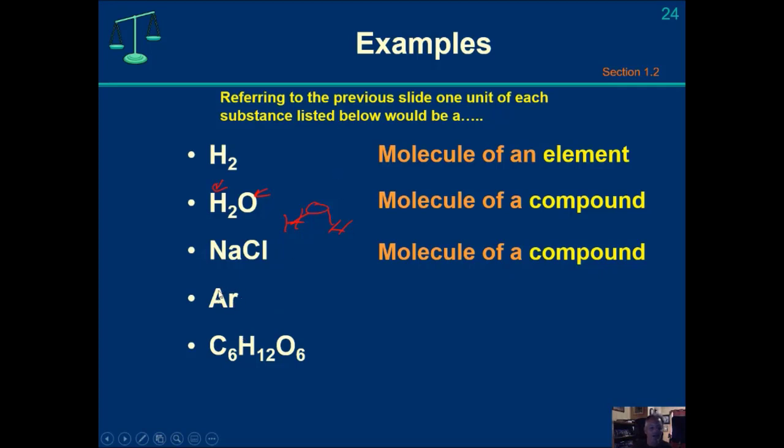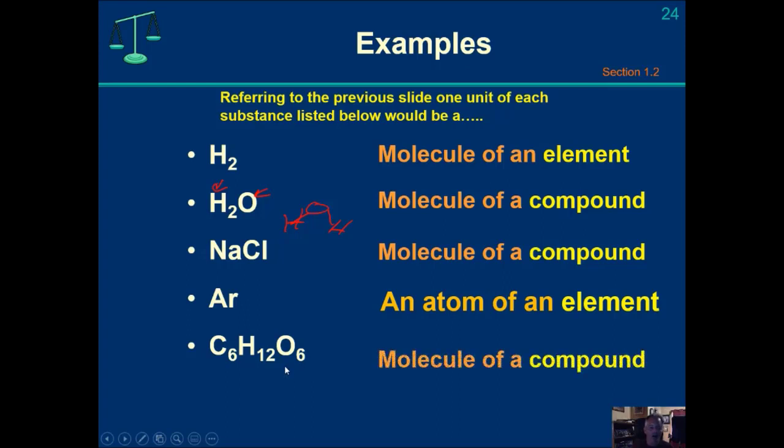Now, argon is a monoatomic element, and so it runs around as single atoms, so we would call this an atom of an element, because we're talking about the smallest unit of the substance that we call argon. This is glucose, once again, and a discrete unit of glucose we would call a molecule of a compound.